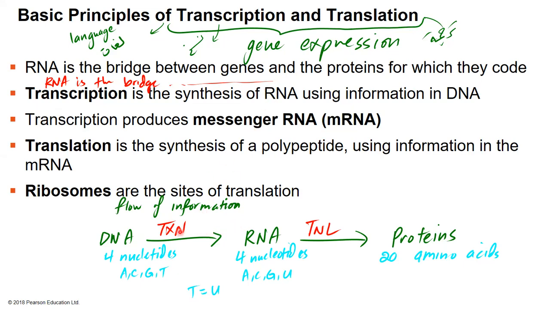We have transcription, called transcription because you are writing the information stored in DNA into information stored in RNA using the same language. This is why it's called transcription. Then you are writing the information stored in RNA into information stored in proteins in a different language, or using different letters, or using different monomers. That's why it's called translation.